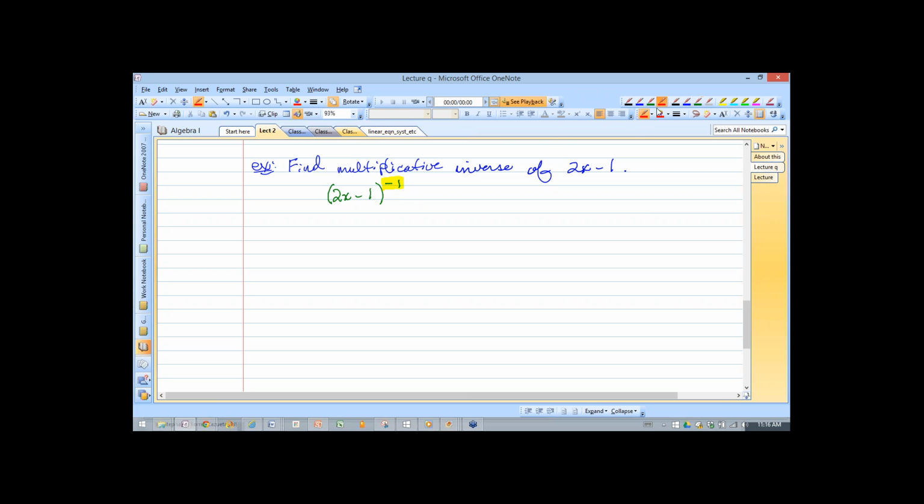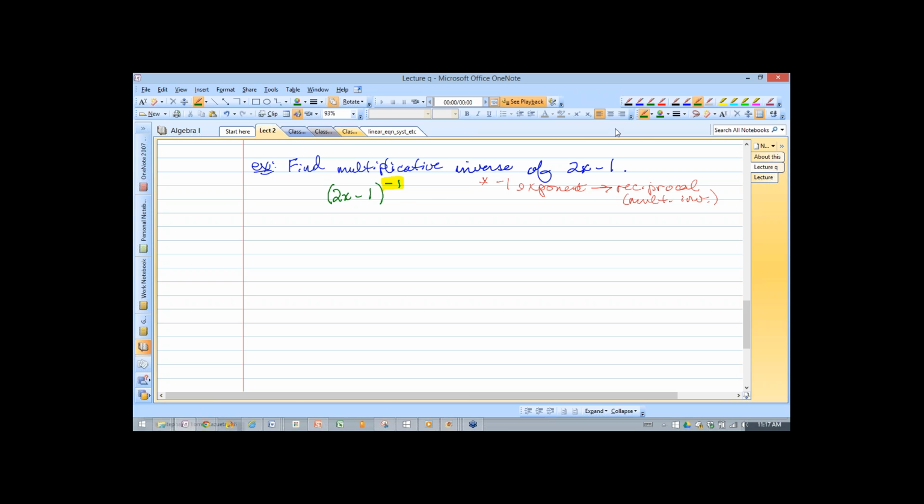So here we are, let's put that little note. A negative 1 exponent means find the reciprocal, which is also the multiplicative inverse. So how do we do that?